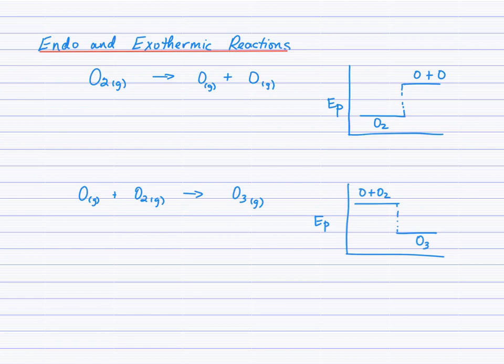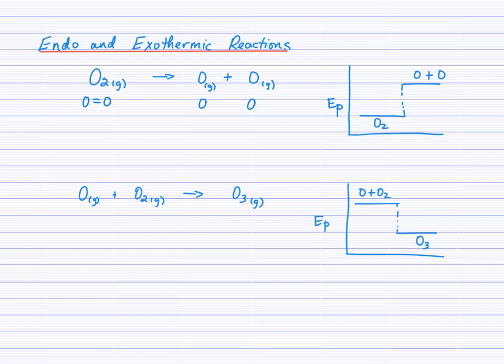Here we're looking at, in the first equation, an oxygen gas molecule. So imagine that those two oxygen atoms are bonded together. And on the right side, we see free oxygen atoms. So in fact, the double bond between the two oxygens has actually been broken in order to form two separate oxygen atoms.